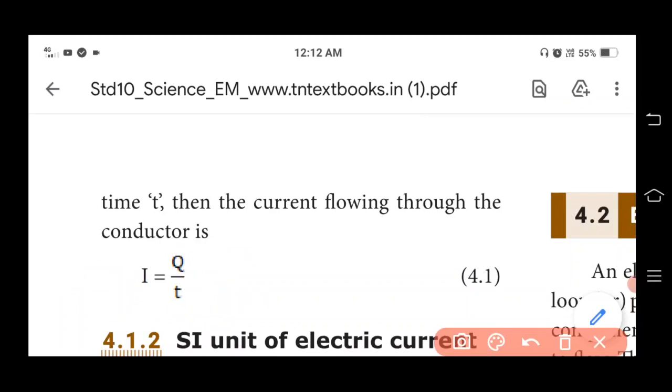So the formula to find the current is nothing but I equal to Q by T.